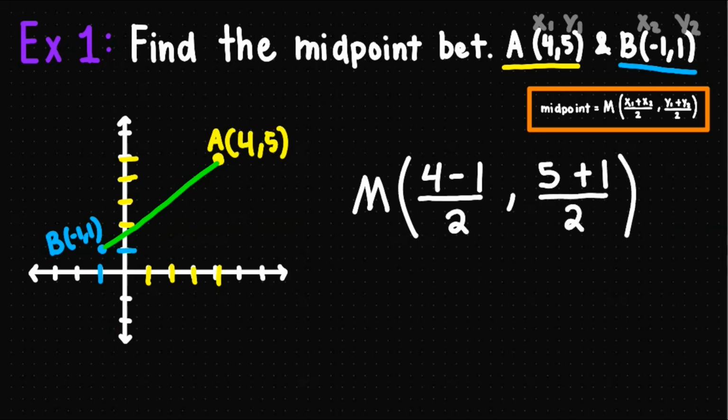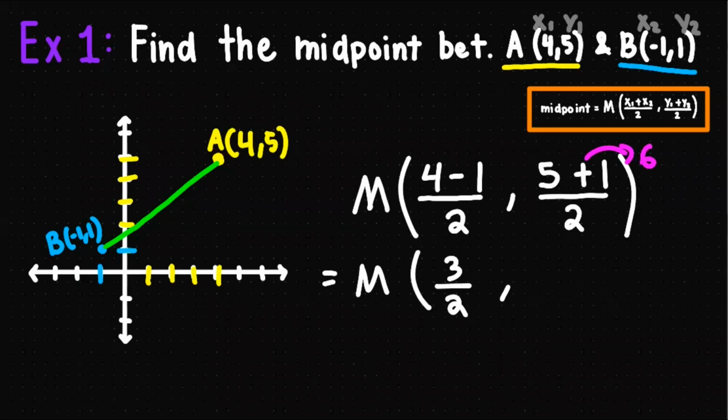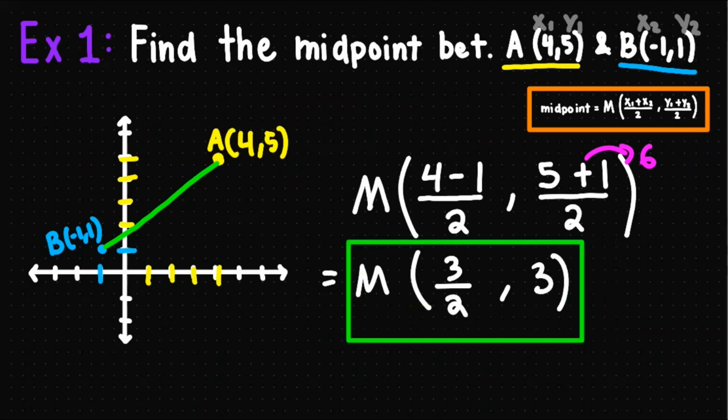This is equal to 4 minus 1 is 3 all over 2, and 5 plus 1 is 6. Divide that by 2 and we'll have 3. So the midpoint for this one is given by these coordinates.